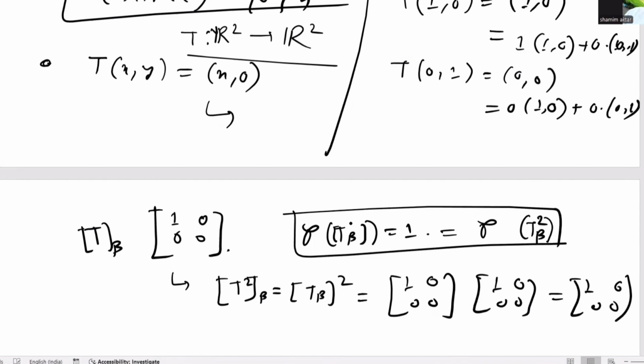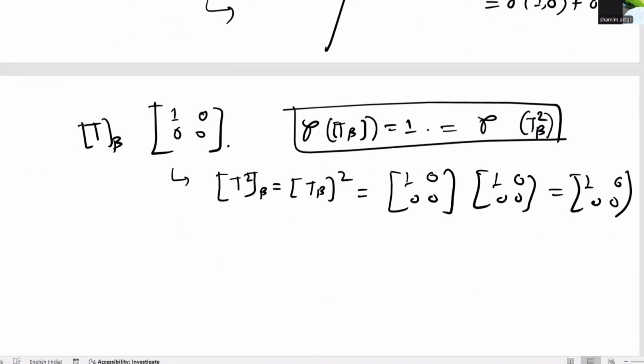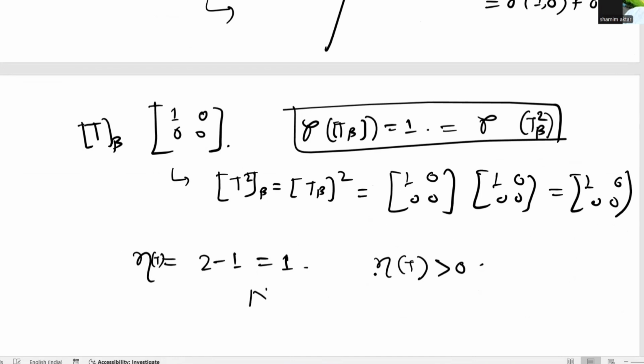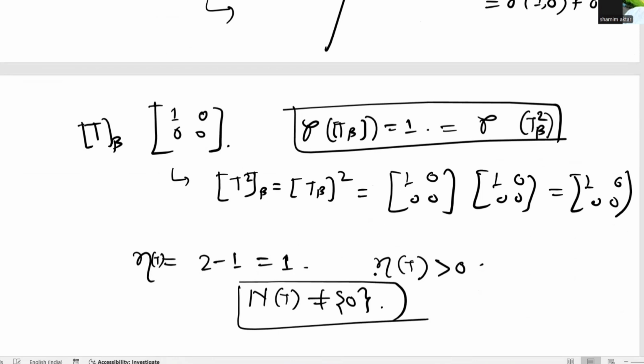But here nullity equals 2 minus 1, which is 1. So nullity of T is strictly greater than 0, and the null space of T is not equal to 0.